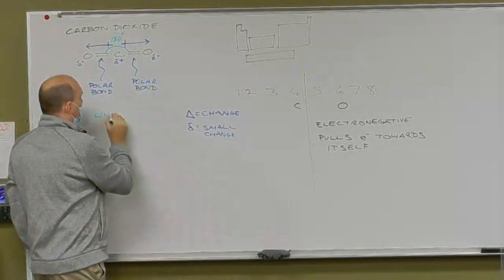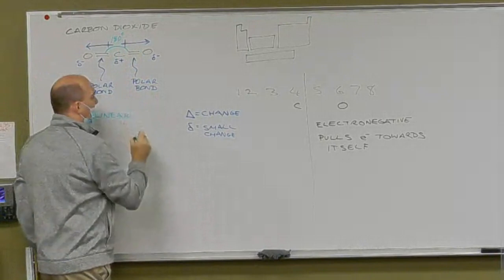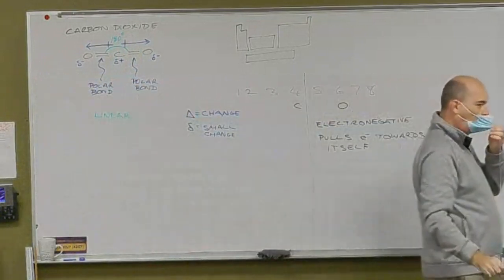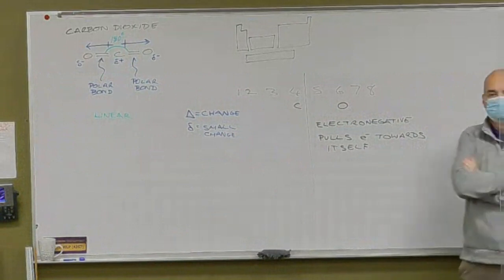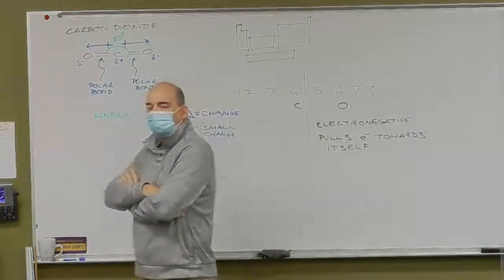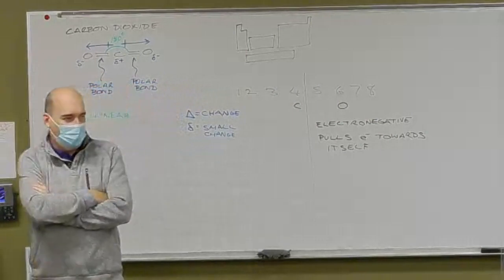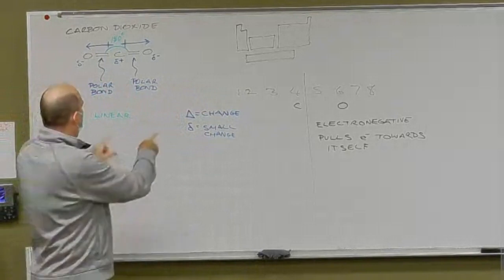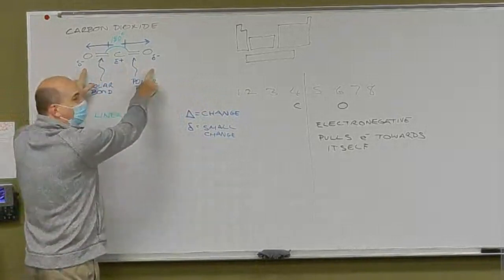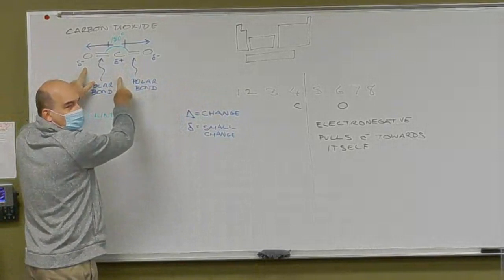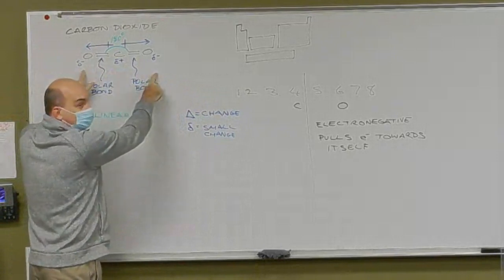This molecule is linear. In non-COVID times, we would have students get up and hold hands and see if you can tug of war and move the person in the middle. And the answer is pretty much no, because these two forces are equal.